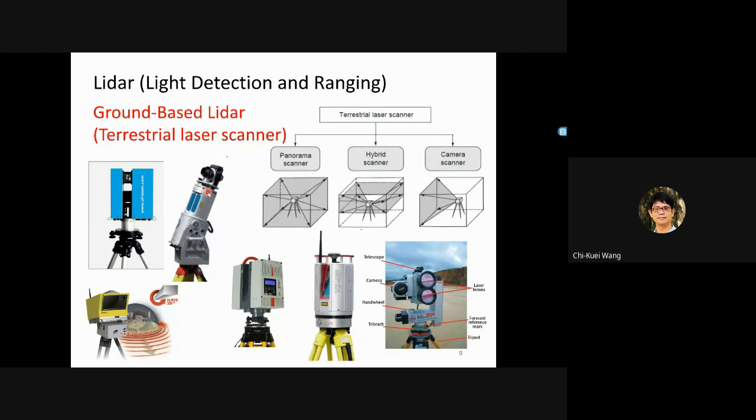The laser pointer is usually a green laser or a red laser, one single wavelength. Laser scanners also use one single wavelength, which means it doesn't have color. The color has to come from the photo. So that's why we sometimes want to put a camera on top of it. When we put a camera on top of it, we cannot scan the top. That's why we have the hybrid scanner.